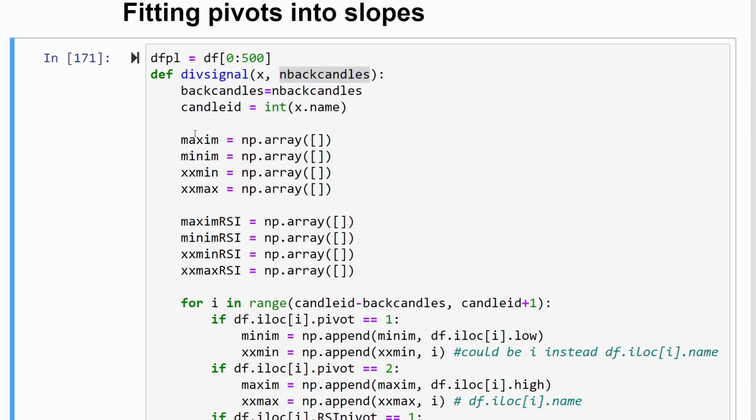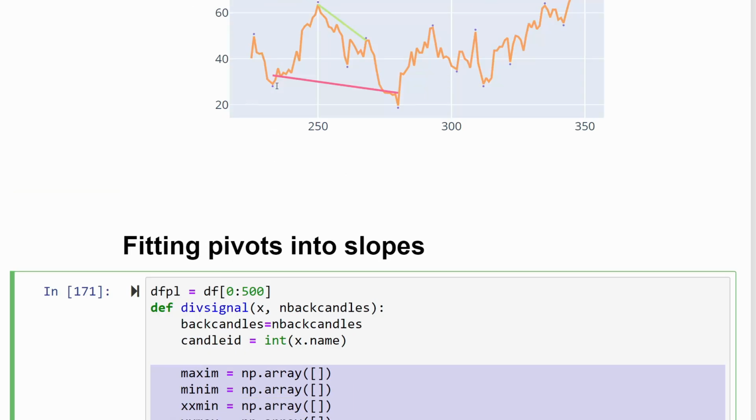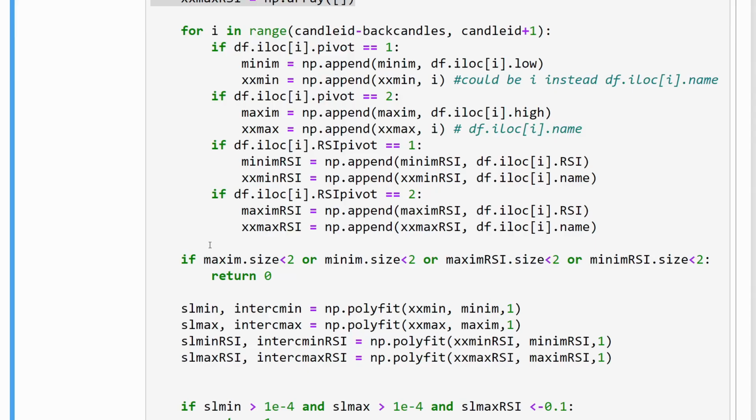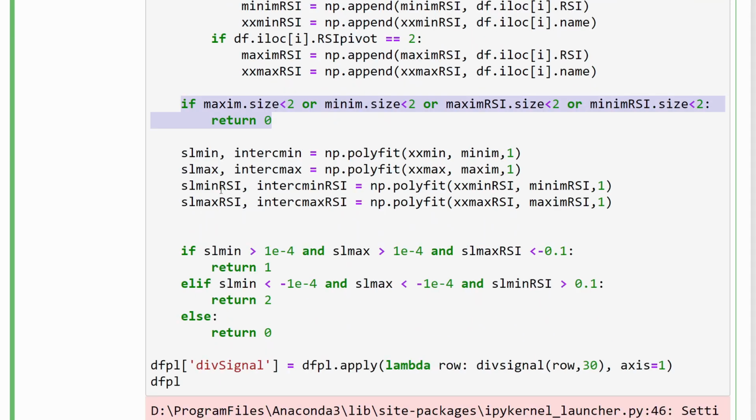Within this function, I'm defining exactly the same methods I have used before for the plotting of the slopes of the trend and the slopes of the trend of the RSI. We just have to pay attention that when we don't have more than 2 minimas or 2 maximas, we can't fit any slope through one single point. So in this case, we are returning 0, and this is what we are testing here. But if it's not the case, we can fit those into the 4 slopes that we have previously explained.